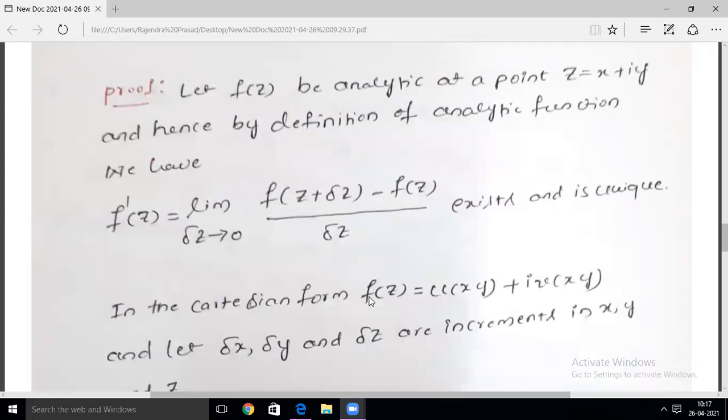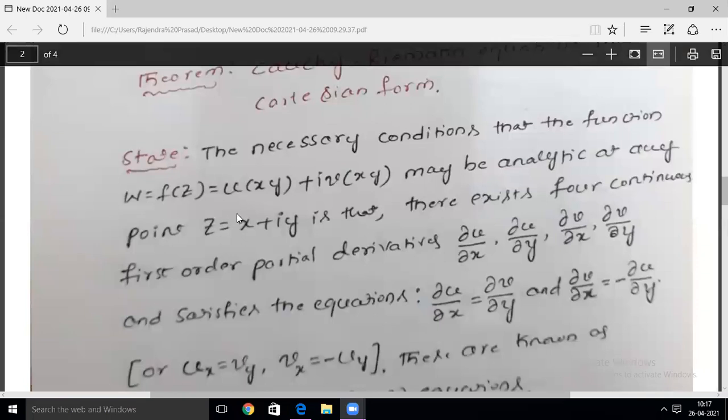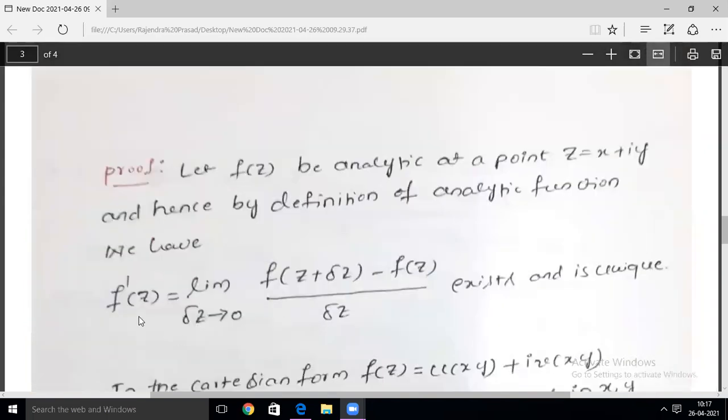Consider, in the Cartesian form, f of z is equal to u of x comma y plus i into v of x comma y. Observe carefully here. We have taken f of z is equal to u of x comma y plus i into v of x comma y, nothing but f of z is equal to u plus iv, as we call it. But this x comma y denotes u is a function of x and y, v is a function of x and y. We consider the first definition of analytic function.